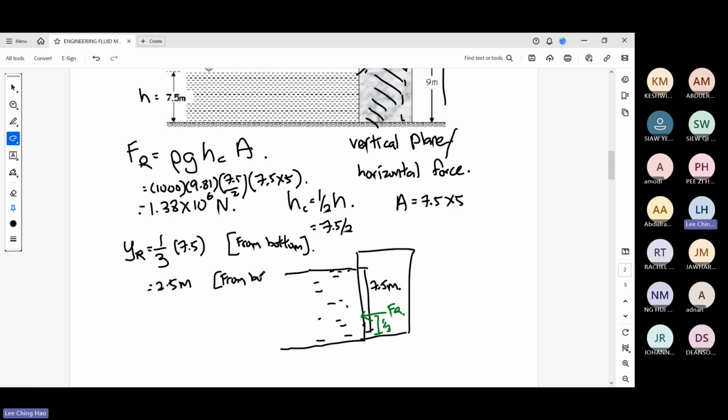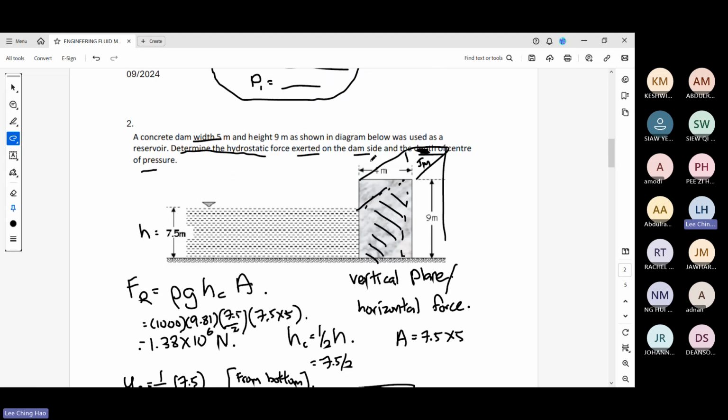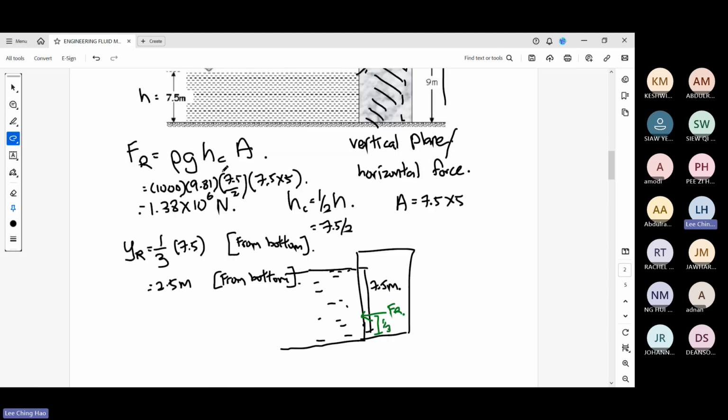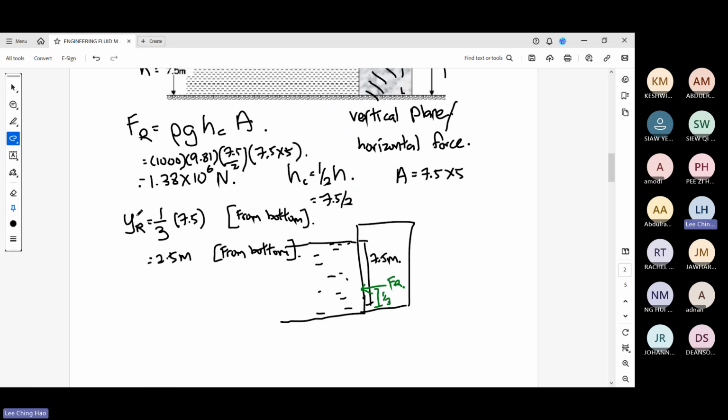Why I'm mentioning this is because they ask for the depth of the location. When they say the location as a depth, it means the location is calculated from the water surface, because otherwise how can you consider a depth? Depth means going down. So it equals 5 meter from the top.